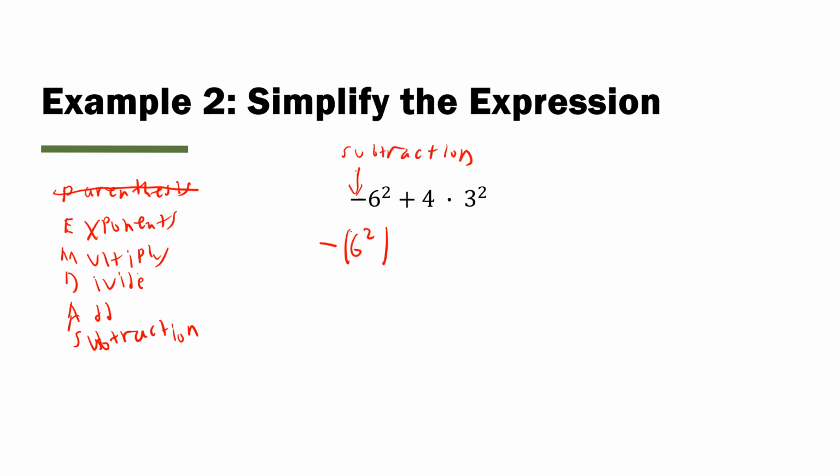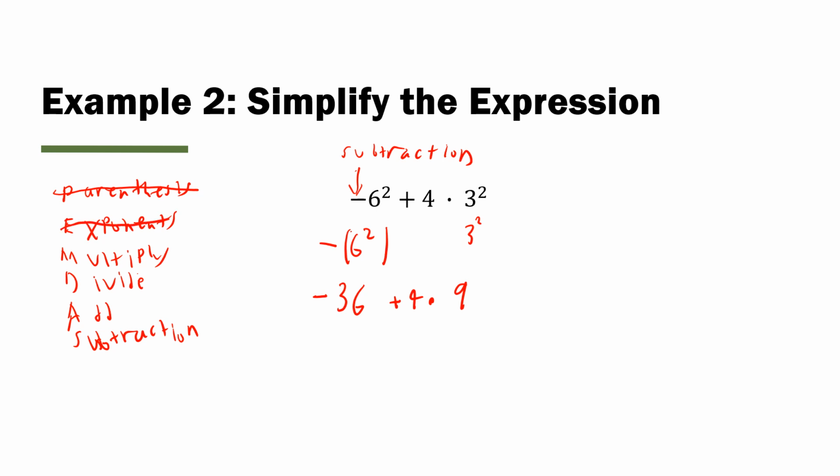So we're going to evaluate 6 squared to get negative 6 times 6, which becomes negative 36, plus 4 times this 3 squared, we're going to evaluate to get 3 times 3 equals 9.